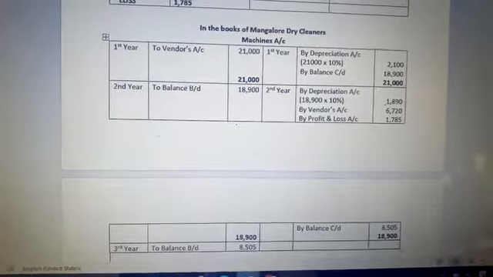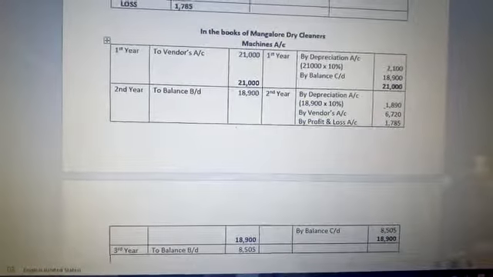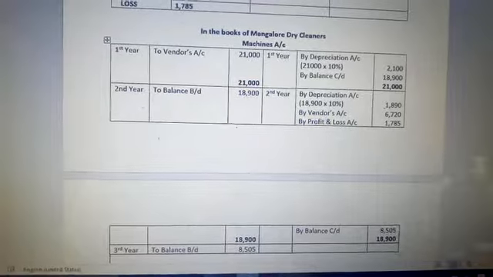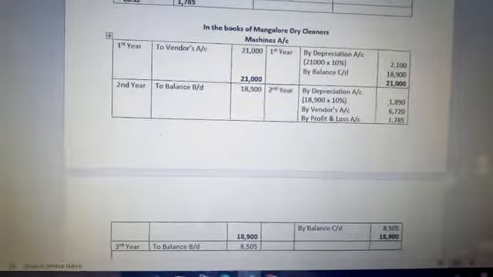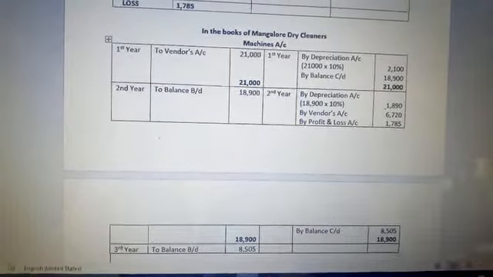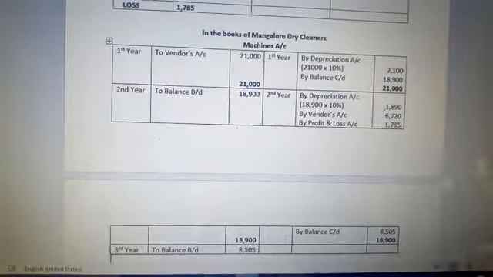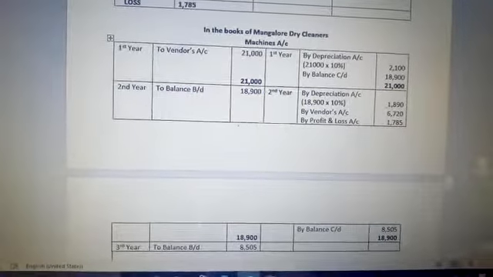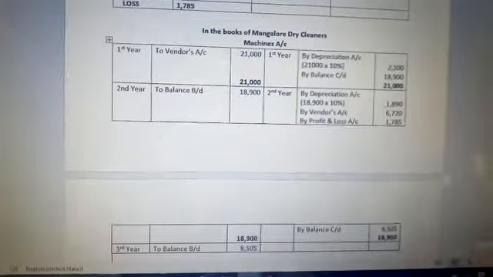And at the end of the year, we will pass four entries. First entry for interest due, second entry for the payment of installment, third entry for charging the depreciation, and last entry for transferring the depreciation and interest to profit and loss account.